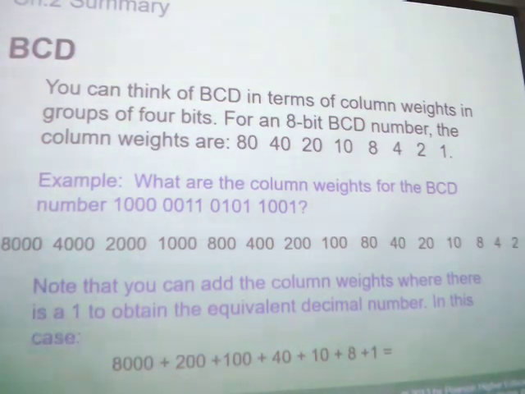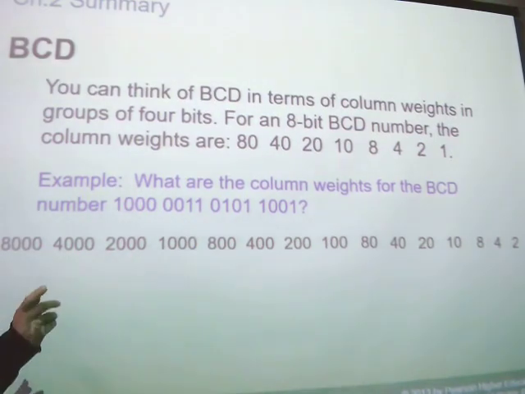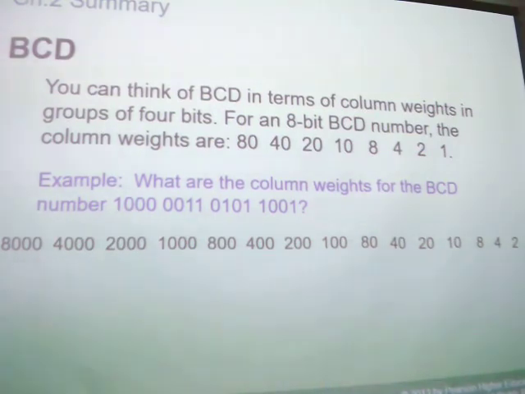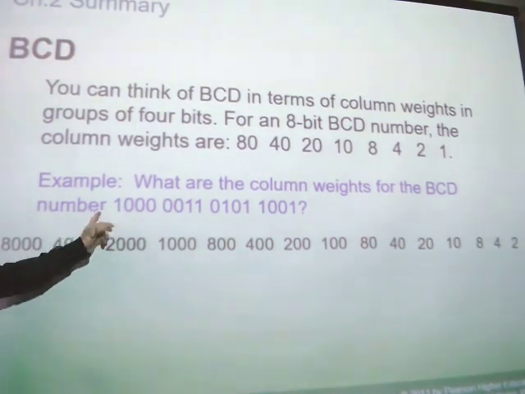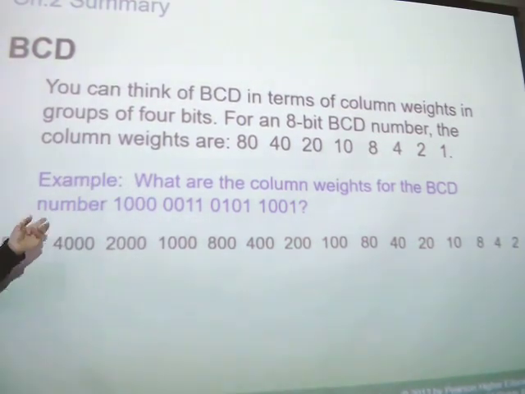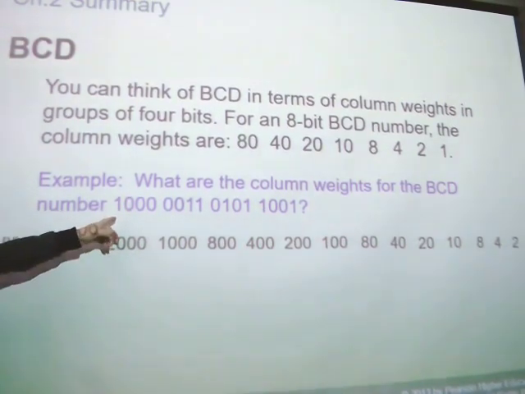So if we want to represent our decimal number using BCD, we can find that this BCD number is, in fact, our decimal number.